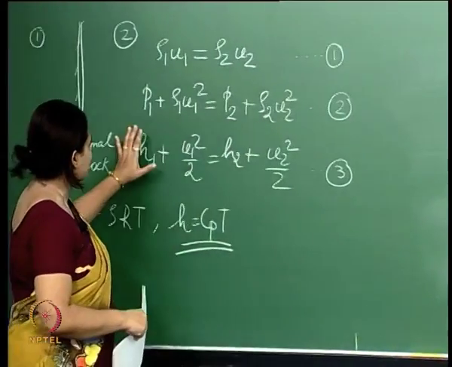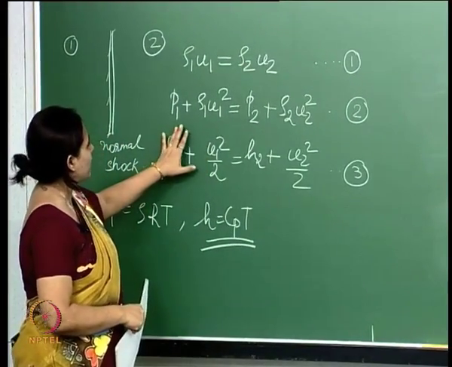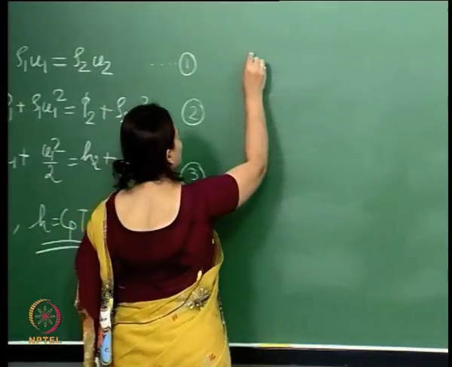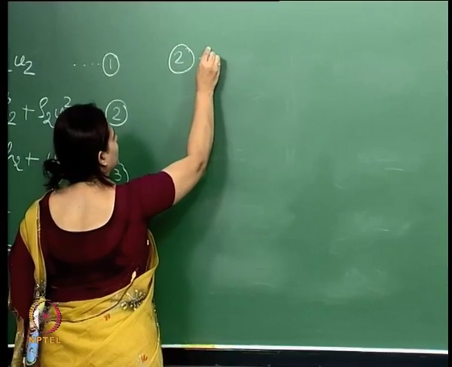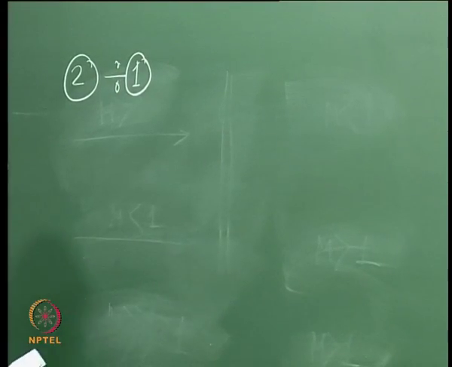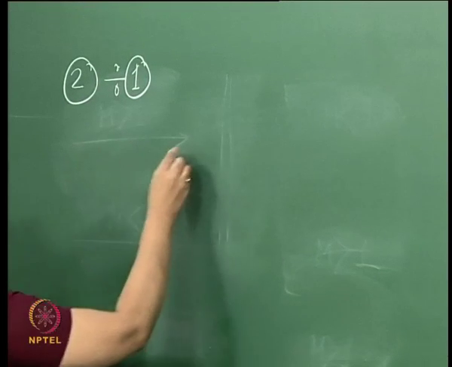So, let us do this over here. Let us divide the second equation by the first. Take the second equation divided by the first, and what we get is this.